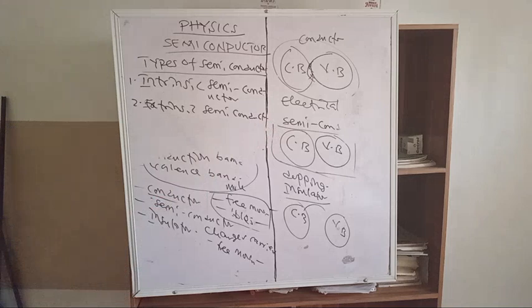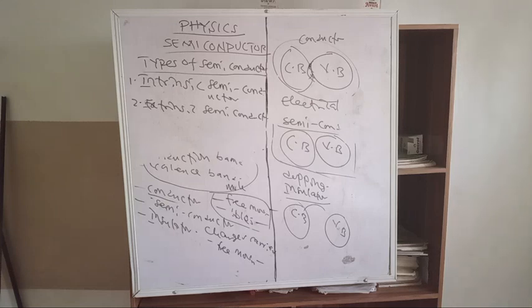So intrinsic semiconductor, we said in the previous video that there are two forms of charge carrier. We have the free moving electrons, which are negative, and we have the holes, which are positive. Now, extrinsic is divided into two.